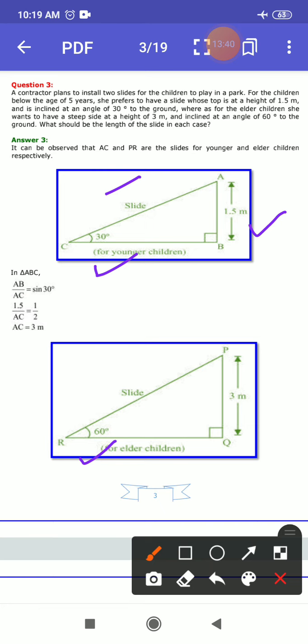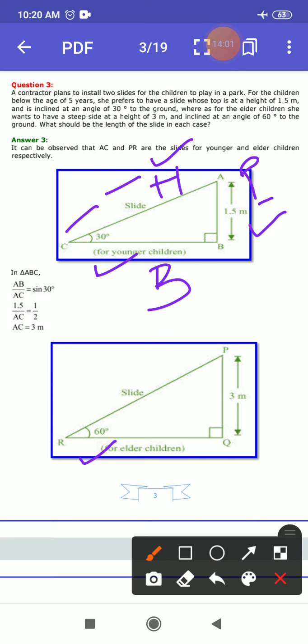The slide makes an angle with the ground of 30 degrees, and the height of the slide is 1.5 meter. So here this is your perpendicular, this is your base, and this is your hypotenuse, and we have to find the hypotenuse.